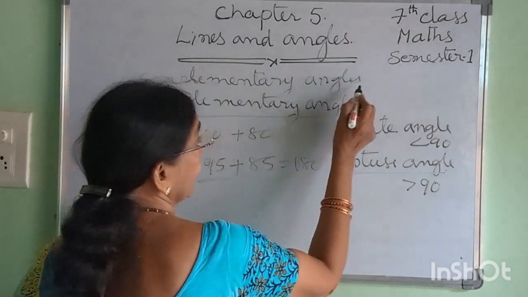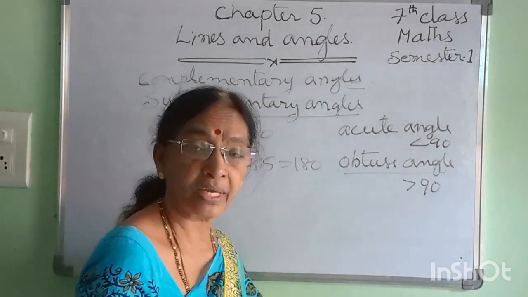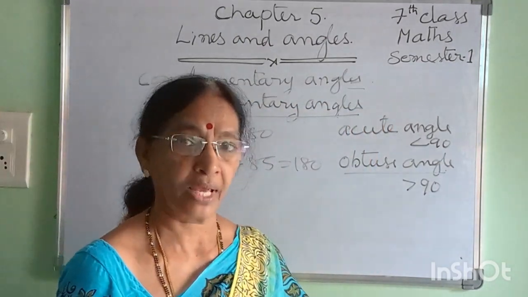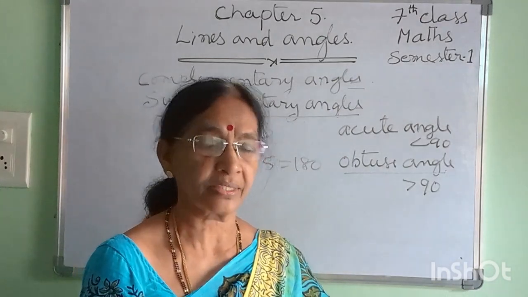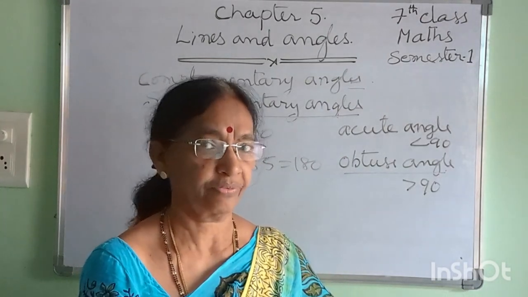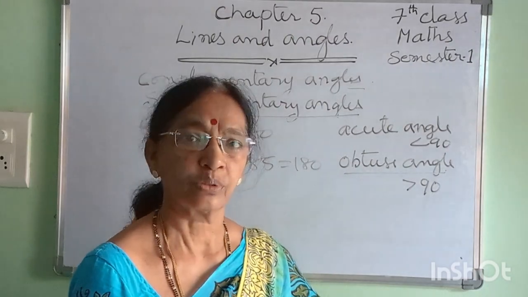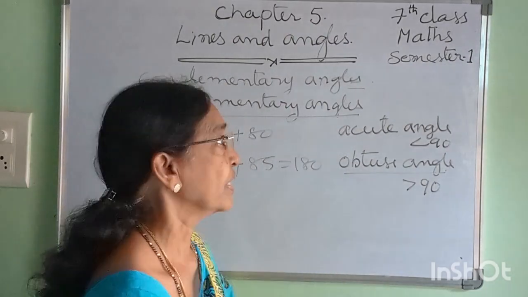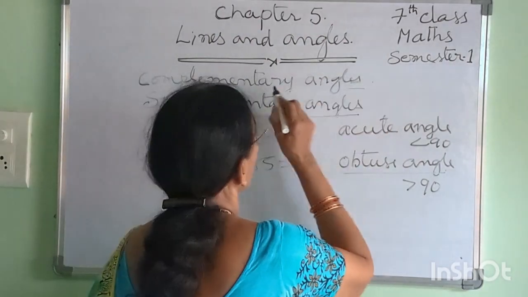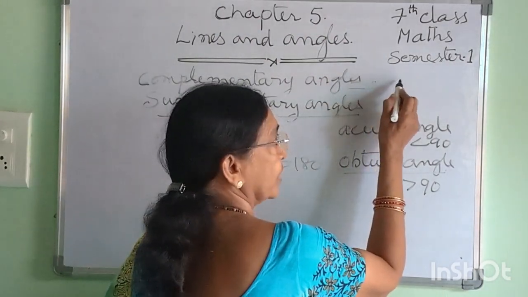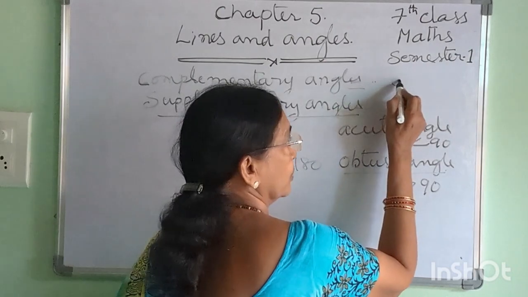But in complementary angles we cannot find an obtuse angle, because an obtuse angle itself is greater than 90. Therefore we cannot take another angle to add to it to get the sum 90 degrees. Therefore the complementary angles are always acute angles only.